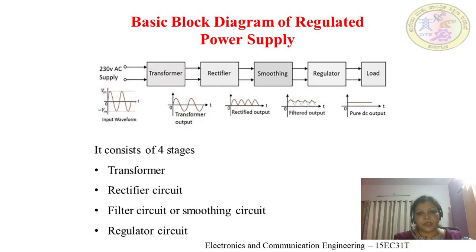Because of this, we call this power supply a DC power supply. So, what is a rectifier? A rectifier converts AC input energy into DC output, a sinusoidal waveform into a pulsating or rectified output.